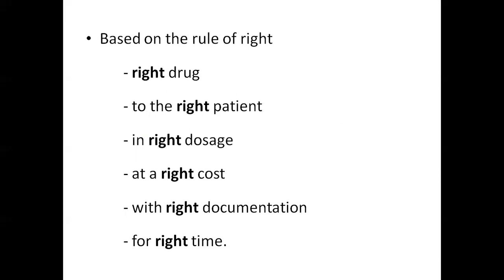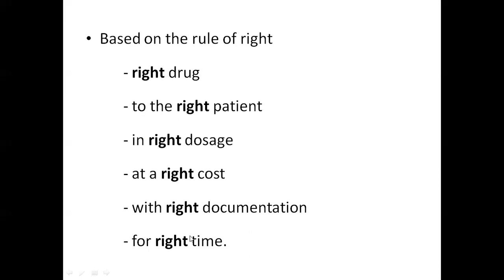Based on the diagnosis, we have to give the right drug to the right patient. If it is a diabetic patient, we have to give a diabetic drug in the right dosage form, then only the diabetes will get reduced. Then the right cost: it should be affordable because the patient may be poor.